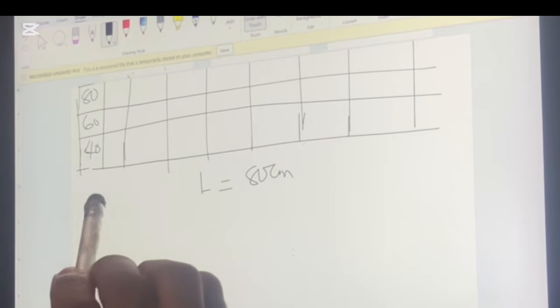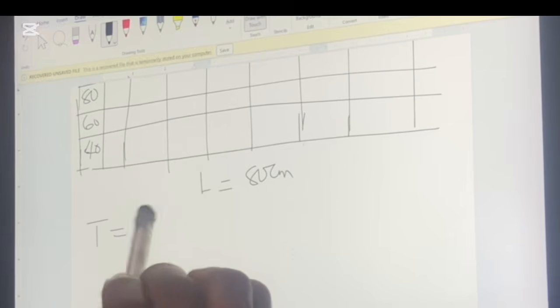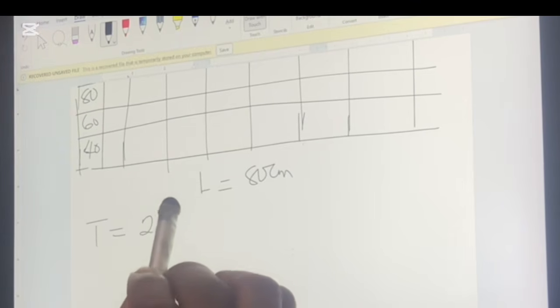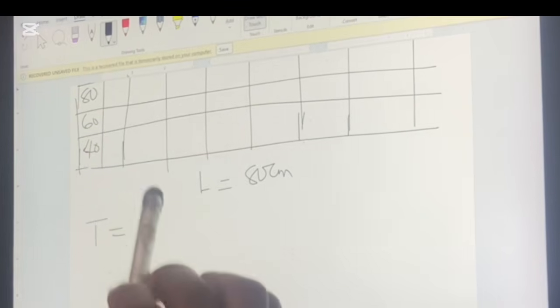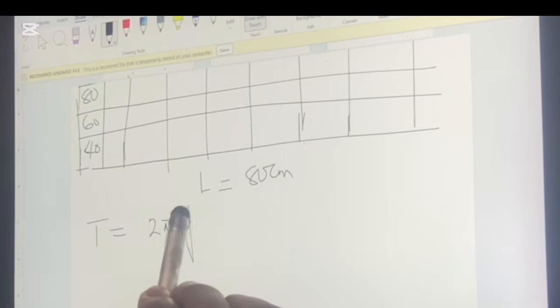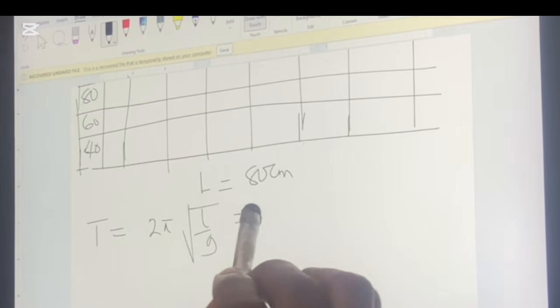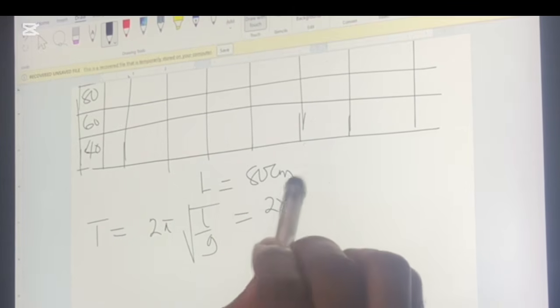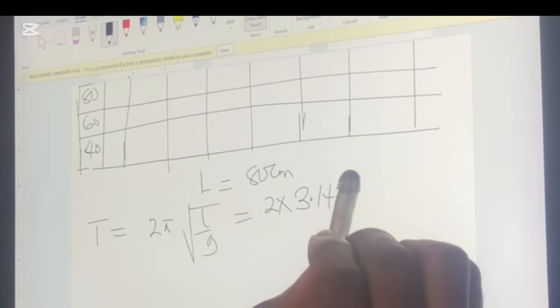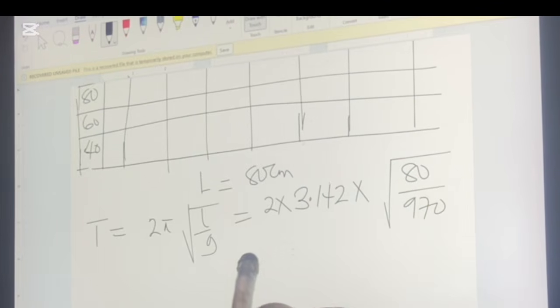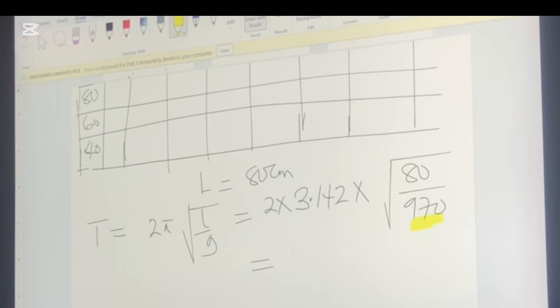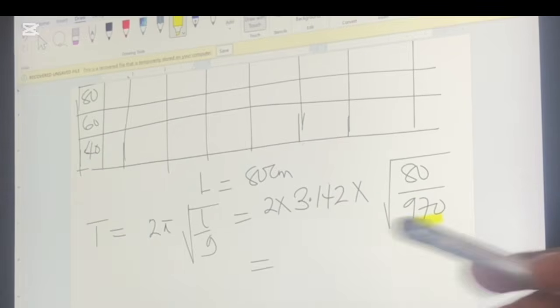That means our T from the formula is equal to 2 pi square root of L over G. That is 2 times 3.142 times the square root of 80 divided by 970. In case this part is confusing, you can use any value; you still get the same answer, you still get the same graph.